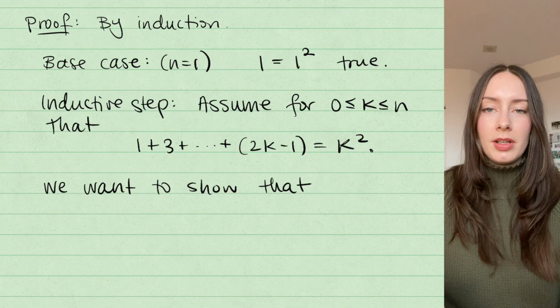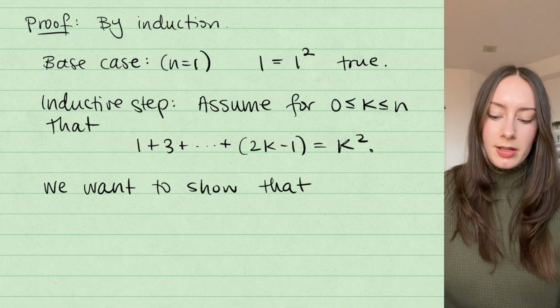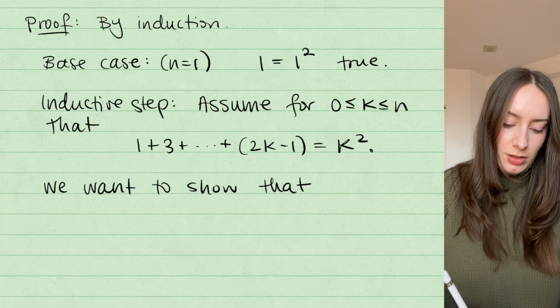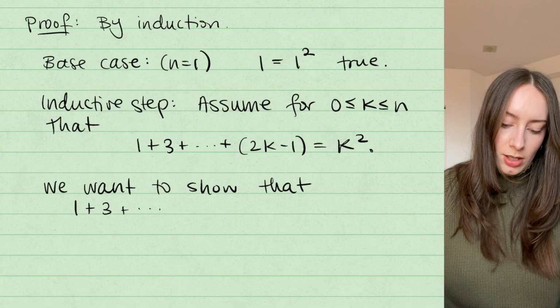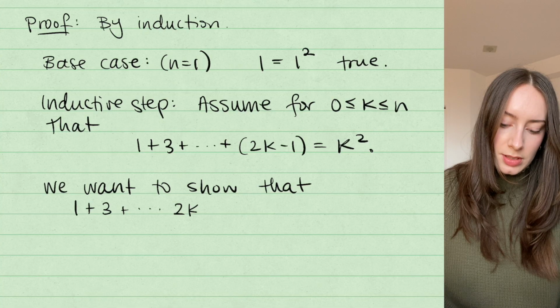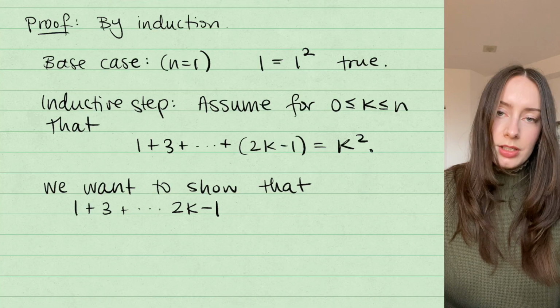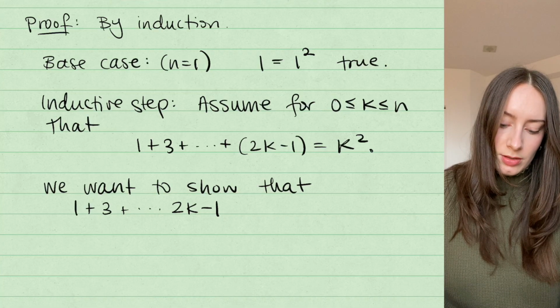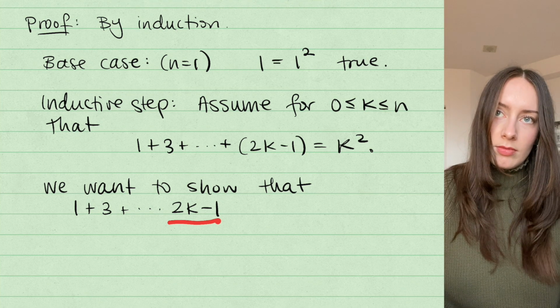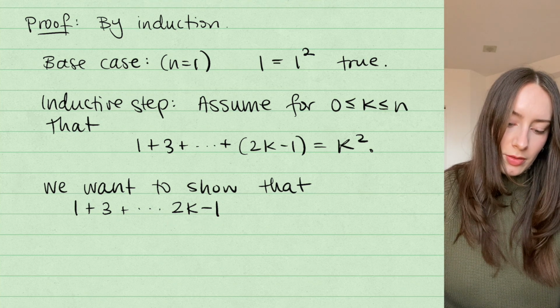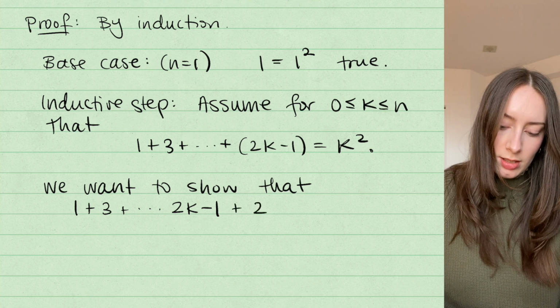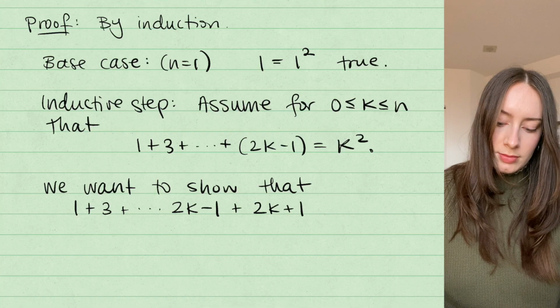We want to show that the sum of the first k plus 1 odd integers, so 1 plus 3 plus all the way up to, well, the sum of the first k integers is this sum here, and then the next odd integer is whatever this is plus 2, right? Because I add 2 to get the next odd integer, so that would be 2k plus 1.